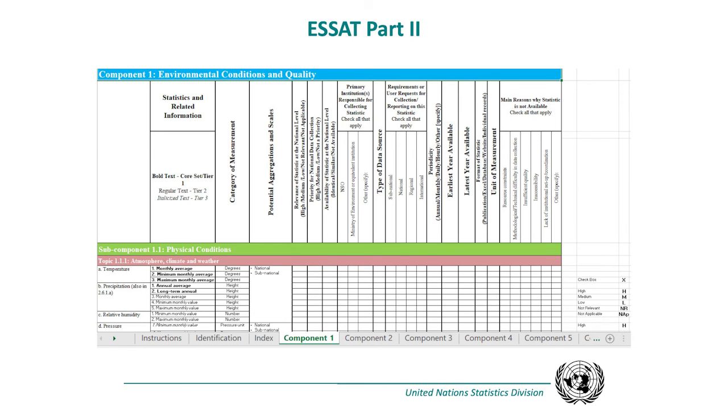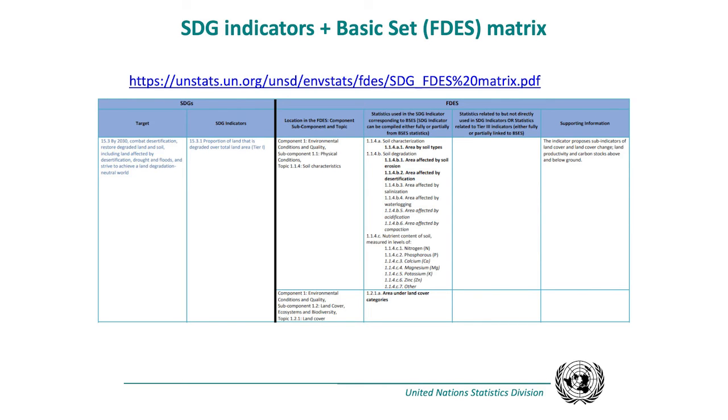Another important tool is a matrix that links the environmentally related SDG indicators with statistics from the basic sets that are needed to calculate those SDGs. These are shown in more detail, including their location in the FDES within the components and topics.